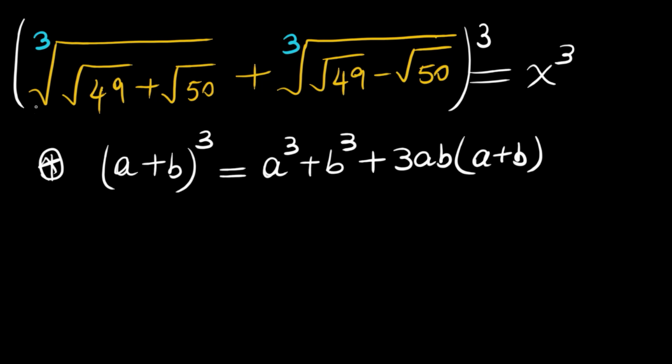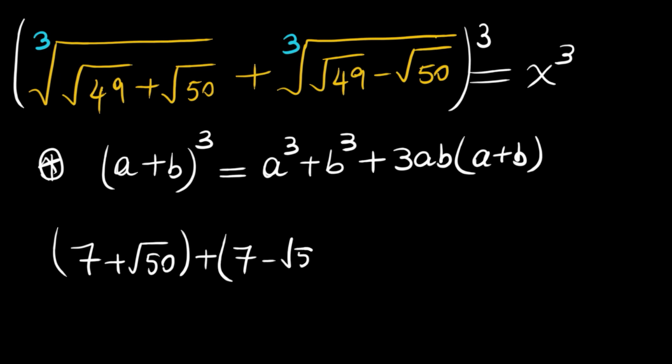Now our a is the first cube root, and if we cube these, cube root and cube will cancel, and this 49 is actually 7 squared, so the square root will be 7. The first one will become 7 plus root 50, and b cubed is similarly 7 minus root 50, plus 3 times a times b.